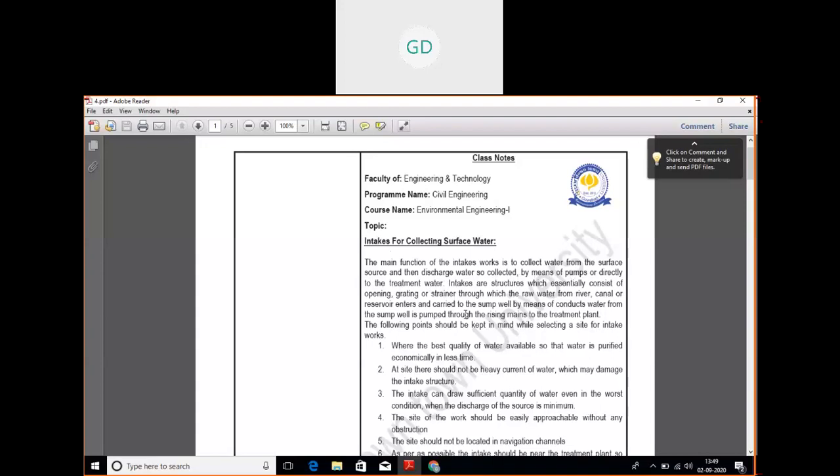There are certain points to remember while selecting a site for intake works. So we will see that now. Just wait a bit, let me see the book.